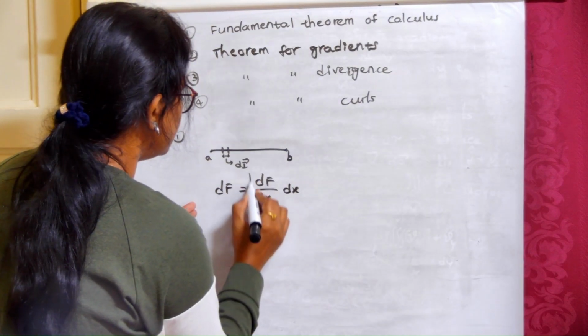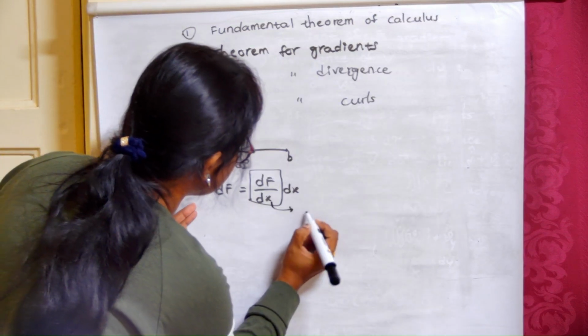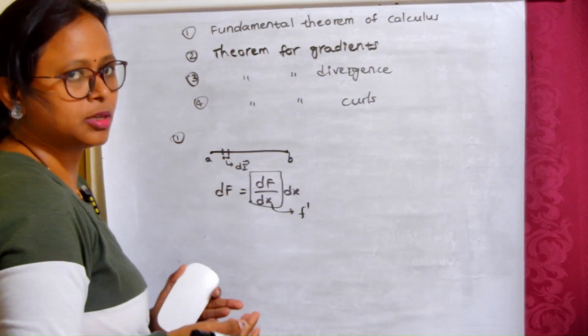So let us say that the derivative of f with respect to x is f prime, that means the first order derivative.